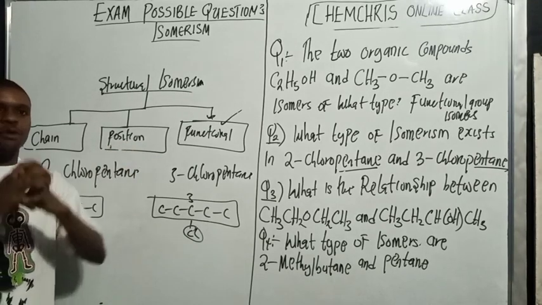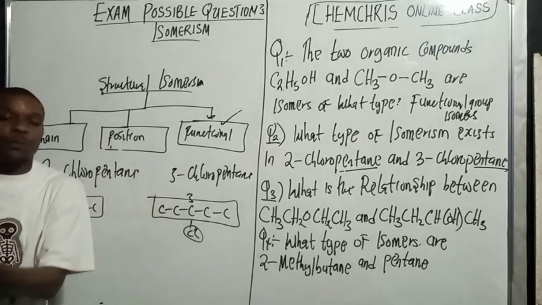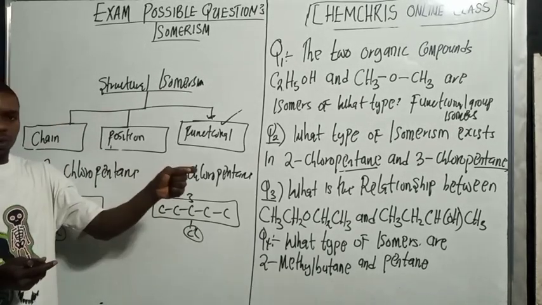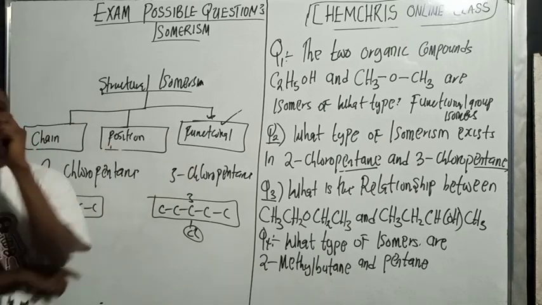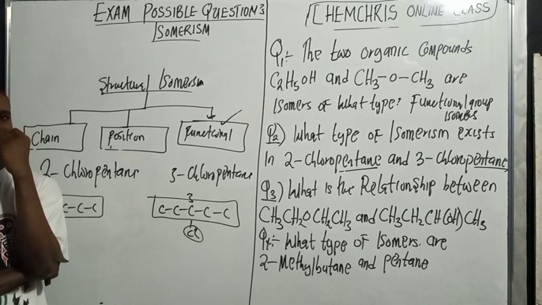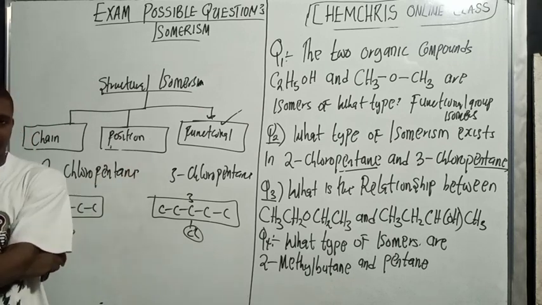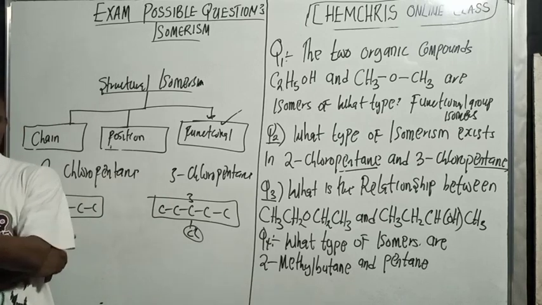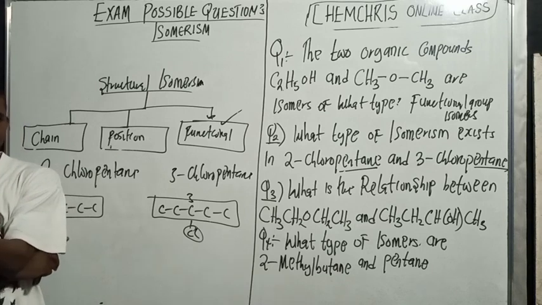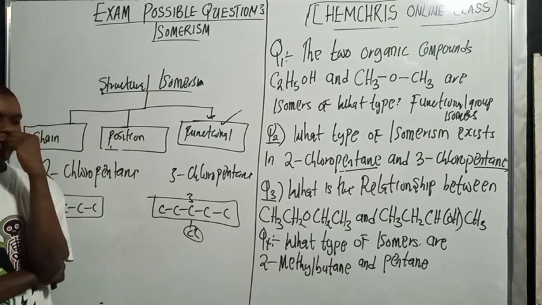They have the same parent chain, they have the same functional group, but the position of the functional group differs. If, for example, here we have 2-butanol and here we have 3-butanol, you can say that the chains are the same.